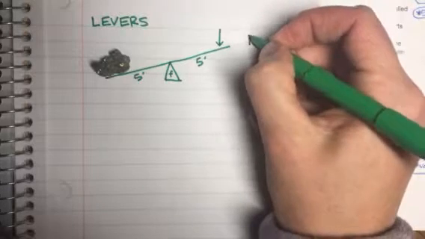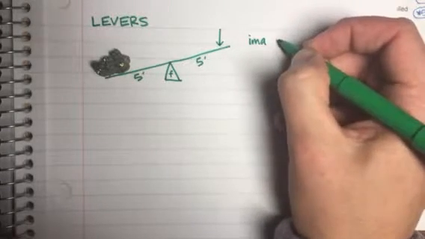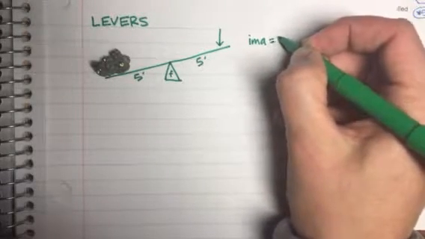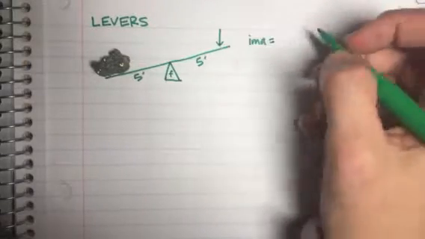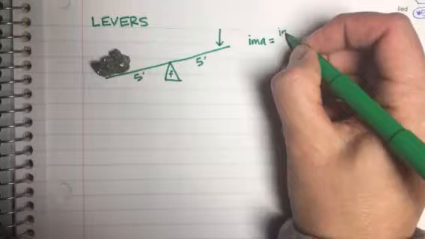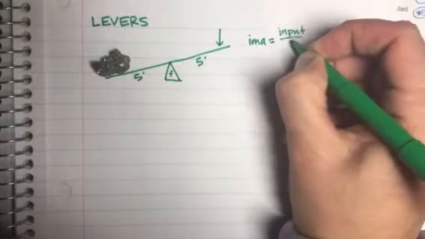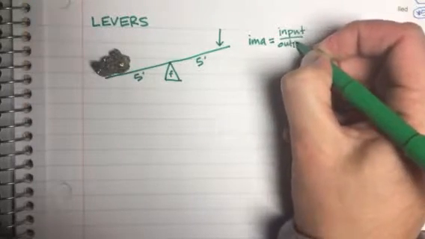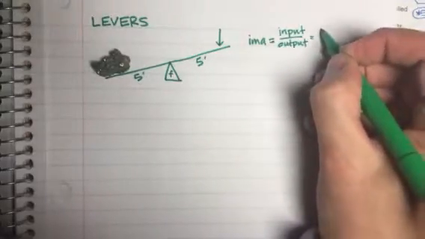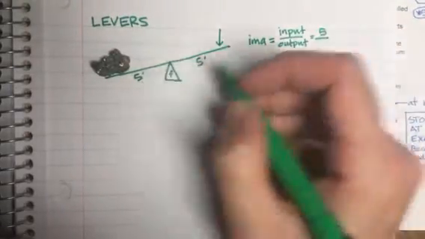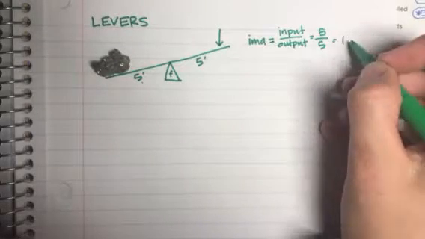We could figure out the IMA, or mechanical advantage, of this by taking the input arm divided by the output arm. Let's write this down. Input divided by output. So in this case, input 5, output 5. My mechanical advantage is 1.